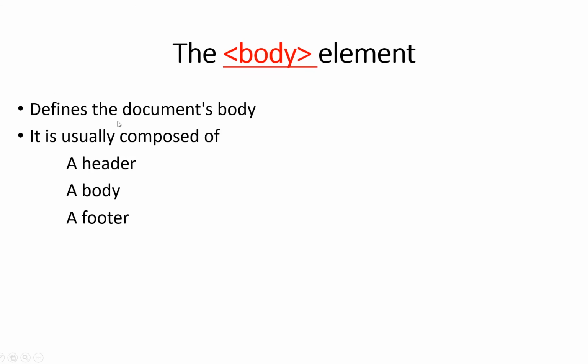This body element defines the document's body. It's actually composed of a header, a body, and a footer. Guys, this is just a theory. We are going to go into demonstration or practicals very soon. So it's just to give you a brief overview of the HTML document.